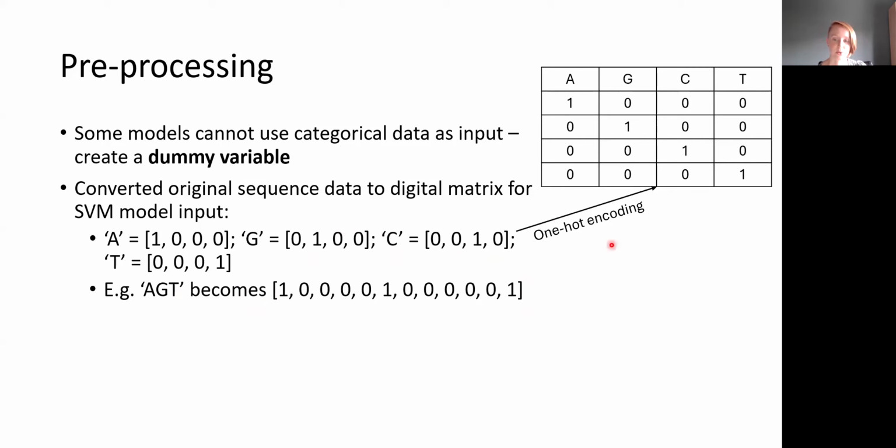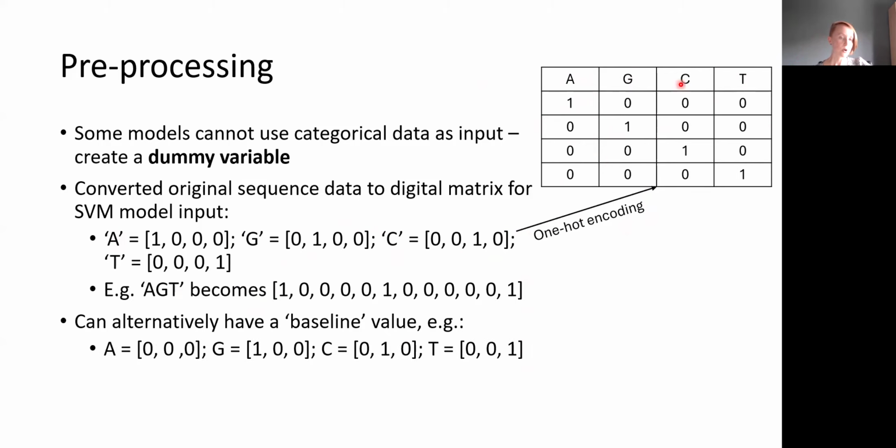And this is something called one-hot encoding, where essentially for each of your possible categories, or in this case bases, you have a different sequence of zeros and ones. So you end up with a number of columns, or in this case rows, equal to the number of possible values within each base.